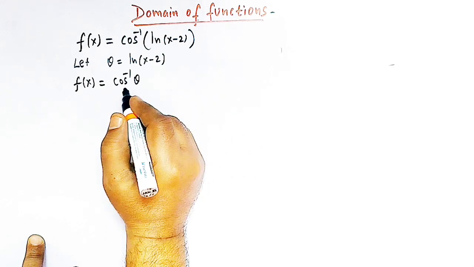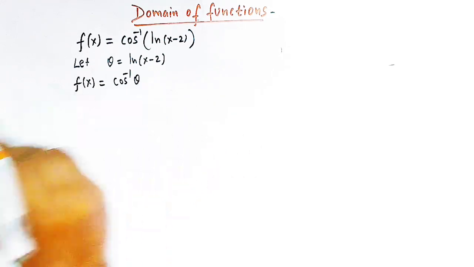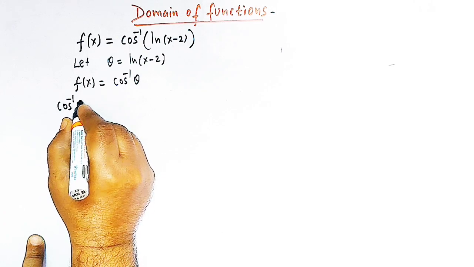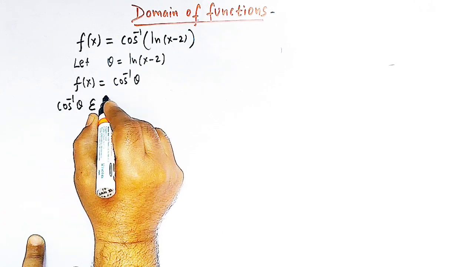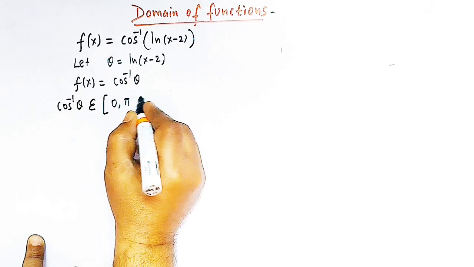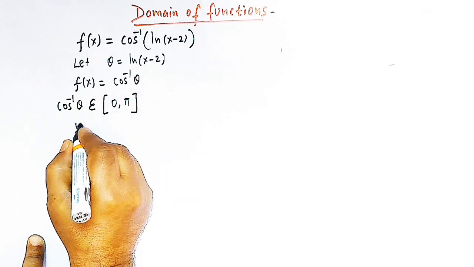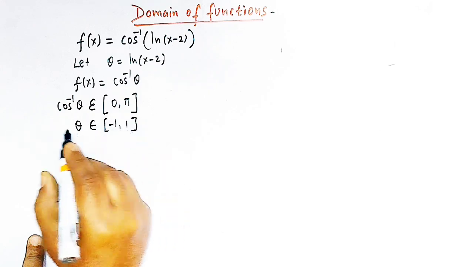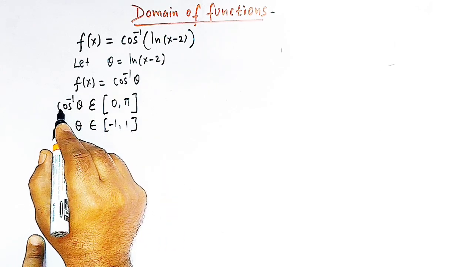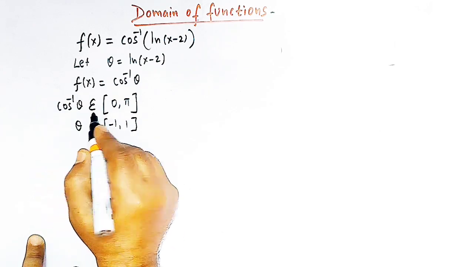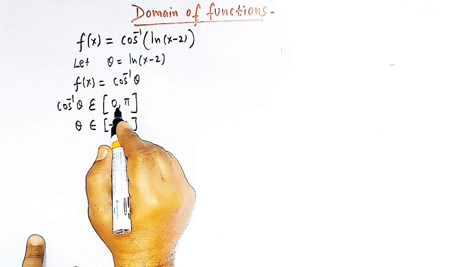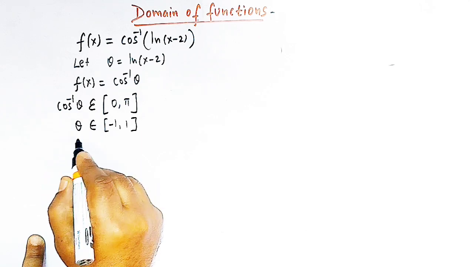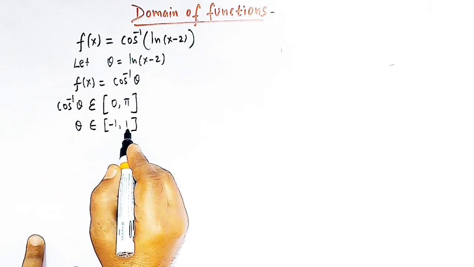Now from inverse trigonometric functions we know that the range of cosine inverse theta is given by the interval 0 to pi, provided theta belongs to the interval minus 1 to 1. So the principal value branch of cos inverse theta belongs to this closed interval 0 to pi, provided theta belongs to minus 1 to 1.